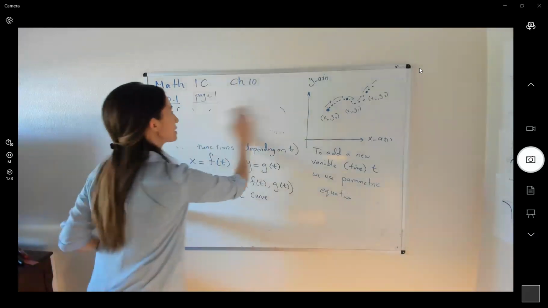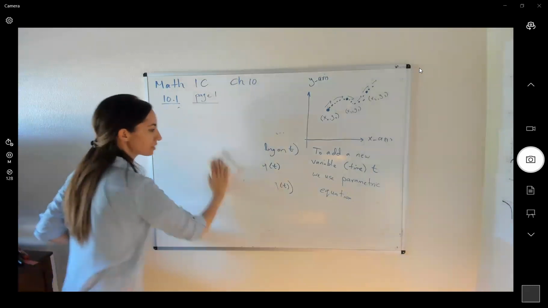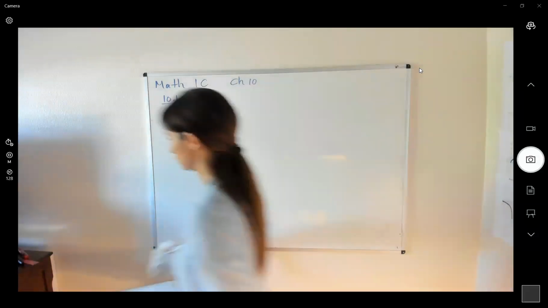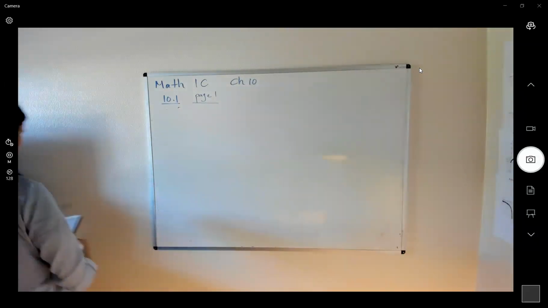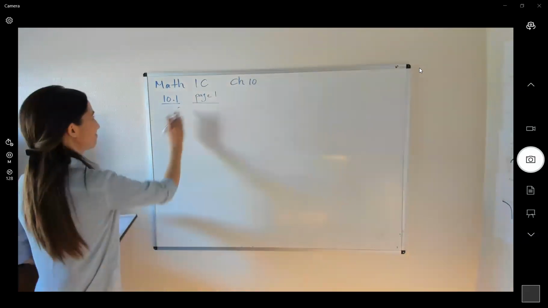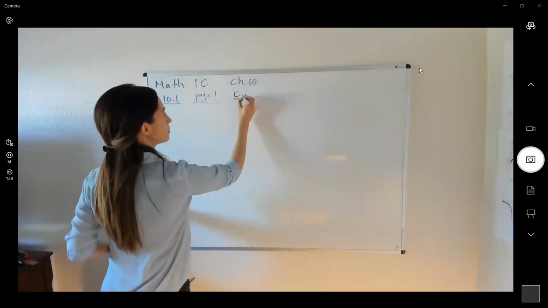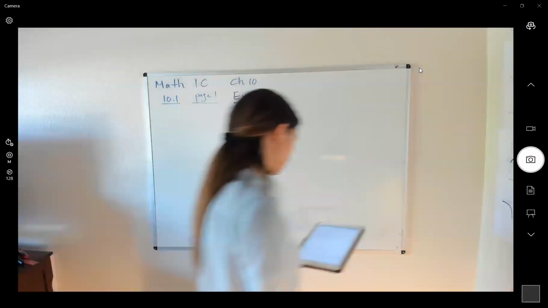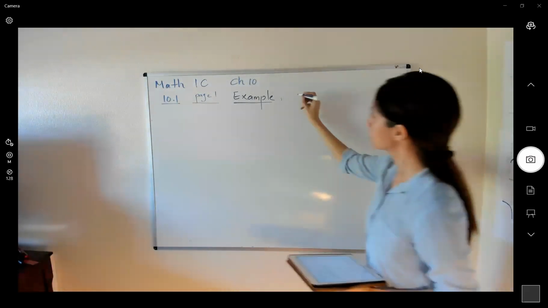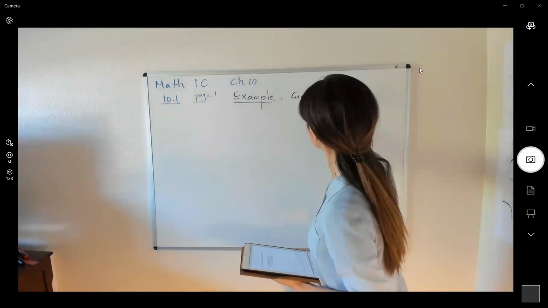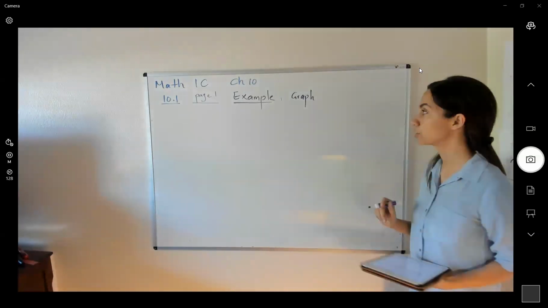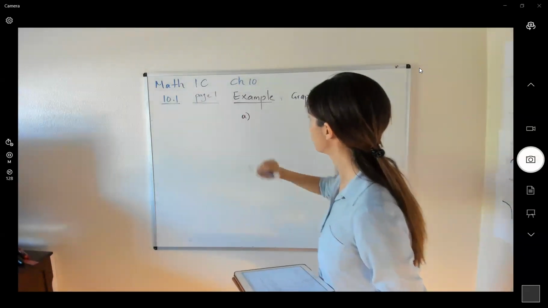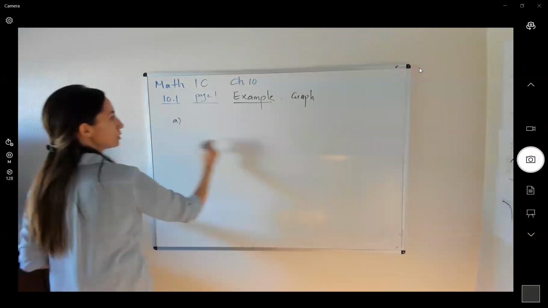So let us go over one example to feel more comfortable about this new definition. We are still on page 1. Example. This example says graph the following parametric equation. So what do we have here? I'm going to write A here for you and B here.